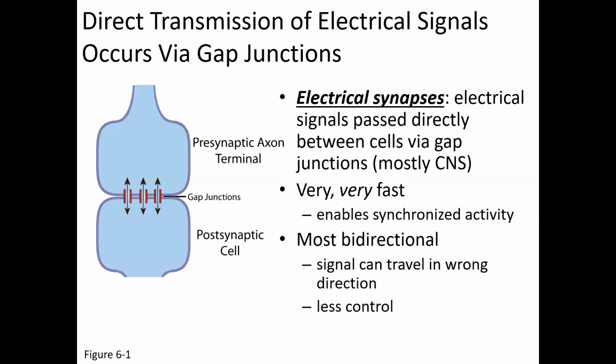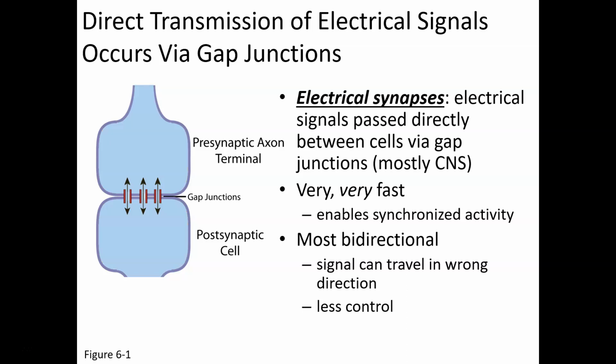The electrical synapses have the direct transmission of electrical signals that go from one cell to the other. Those occur via gap junctions. It's a very, very fast connection. It helps to enable certain synchronized activities. We see this in the brain occasionally, but there are a couple of problems.